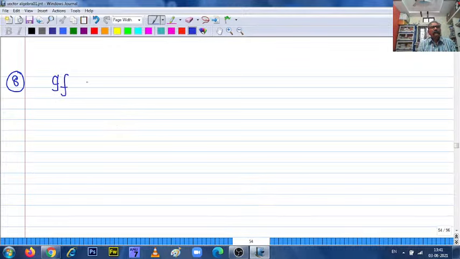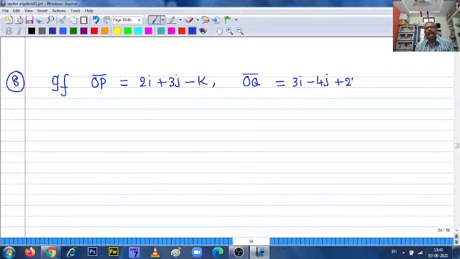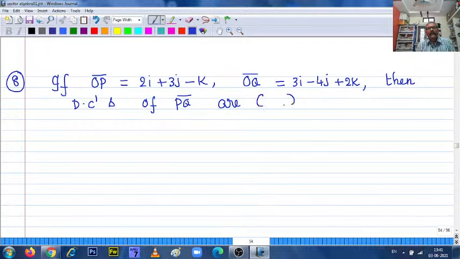If OP bar equals to 2i plus 3j minus k, OQ bar equal to 3i minus 4j plus 2k, then the direction cosines of vector PQ bar are... direction cosines of vector PQ bar we need to find out.